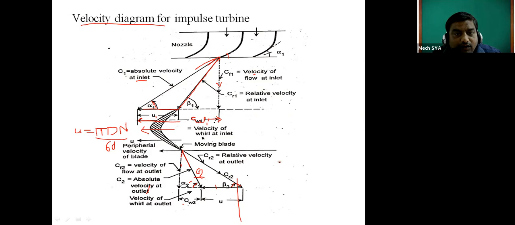Simply put, the horizontal component is CW1, and the vertical component is CF1.